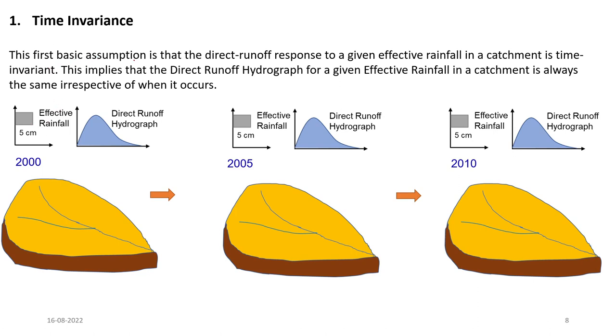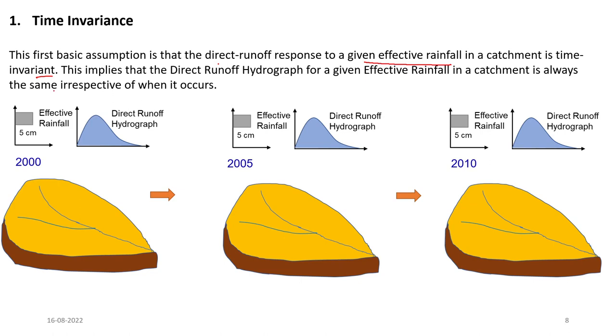The very first basic assumption is that the direct runoff response to a given effective rainfall in a catchment is time invariant. Please kindly mute yourself. This implies that the direct runoff hydrograph for a given effective rainfall in a catchment is always the same irrespective of when it occurs. Let's imagine you developed this unit hydrograph in 2005.